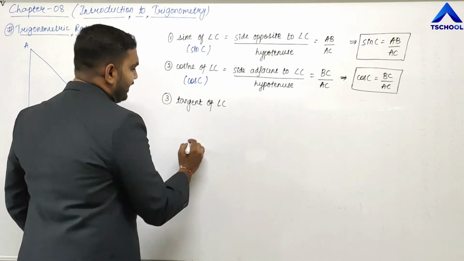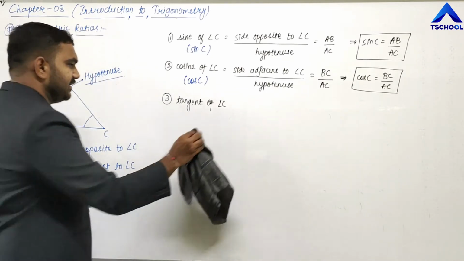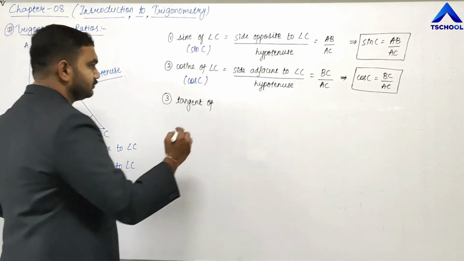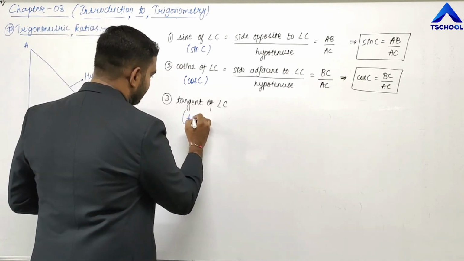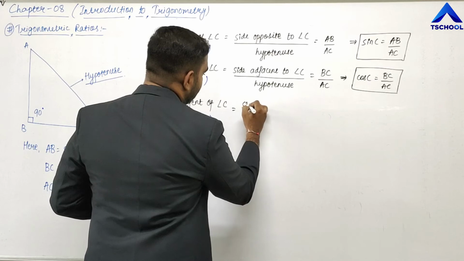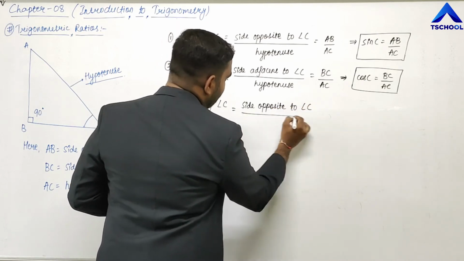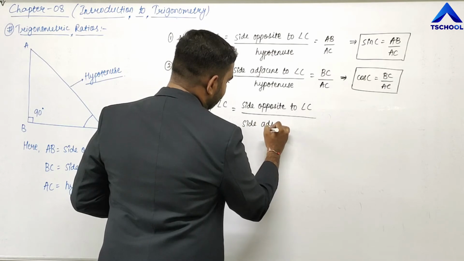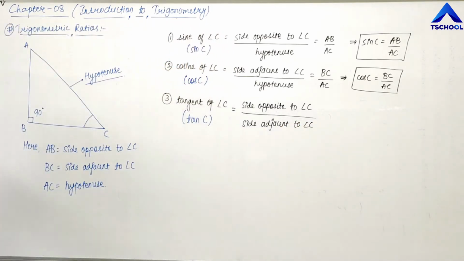Tangent of angle C, basically friends, is written as tan C. It is given by the ratio of the side opposite to angle C upon the side adjacent to angle C. The side opposite to angle C is AB, and the side adjacent to angle C is BC.